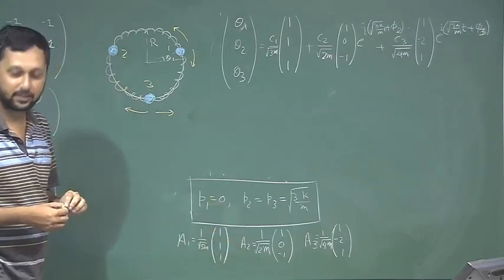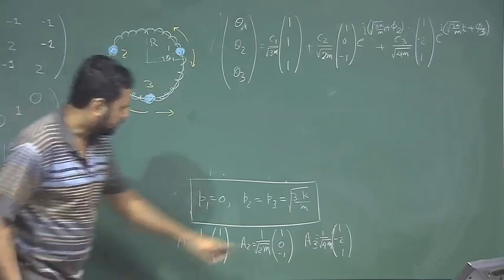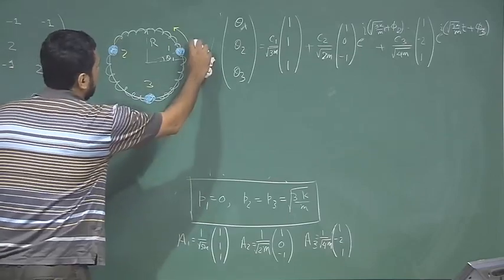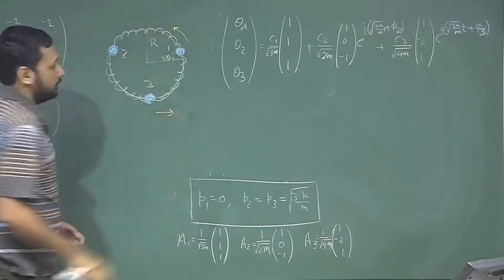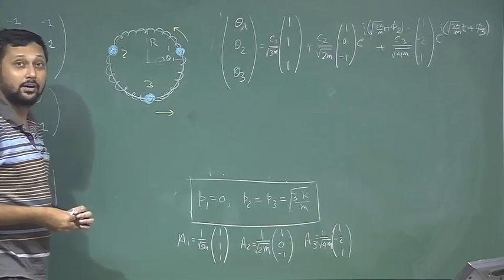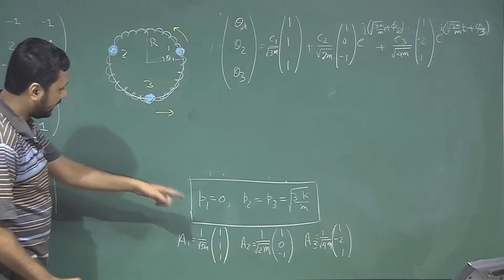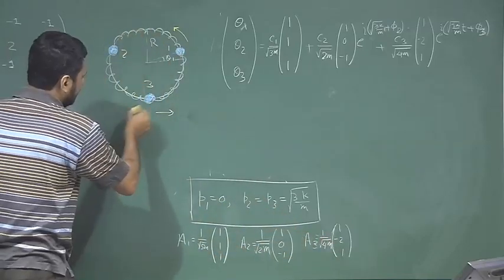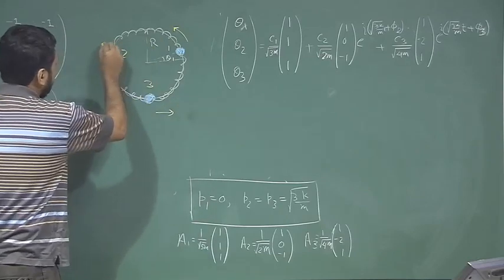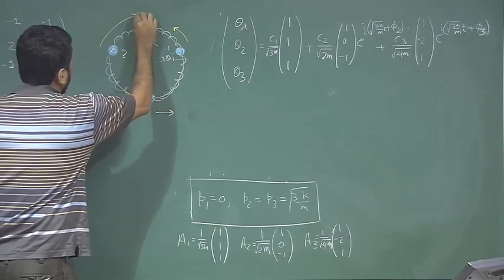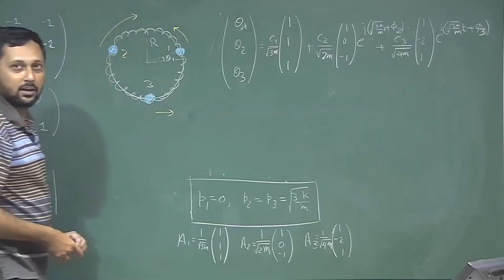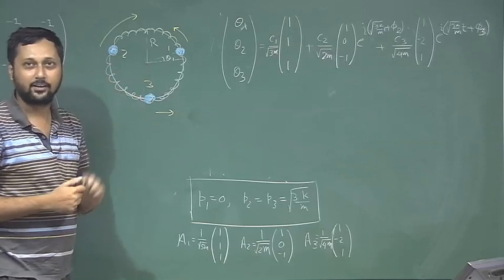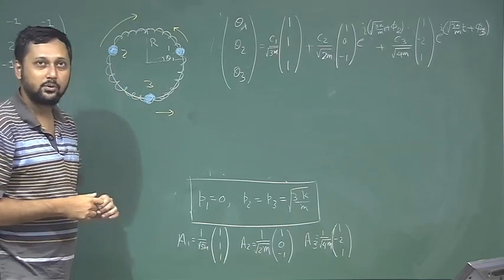Similarly, for the third oscillation, the first one and the third one are moving in the same direction, and the second one is moving in the opposite direction with double the amplitude, once again keeping the center of mass at a fixed position at the center. I will leave that to you as an exercise.